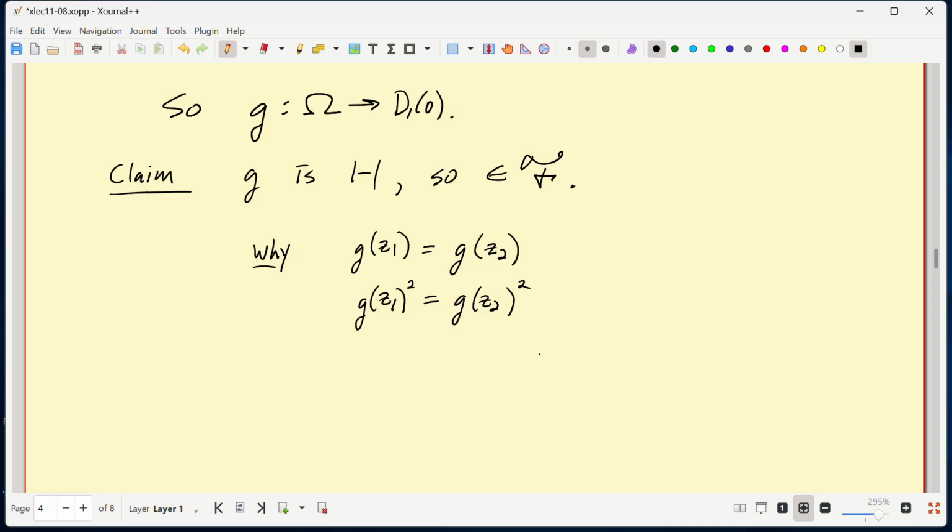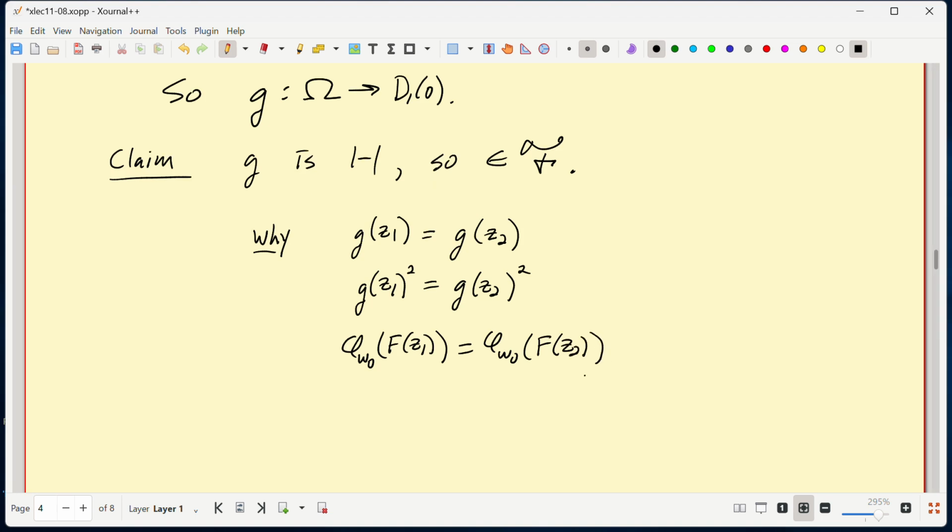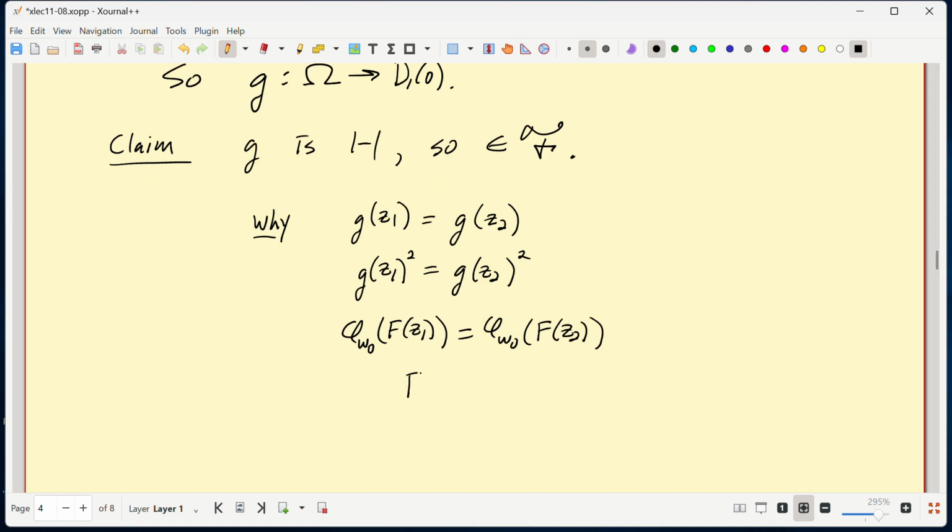And remember, that would mean phi W naught of F of z1 equals phi W naught of F of z2. But phi sub W naught is 1-to-1 onto, so that means F of z1 equals F of z2.